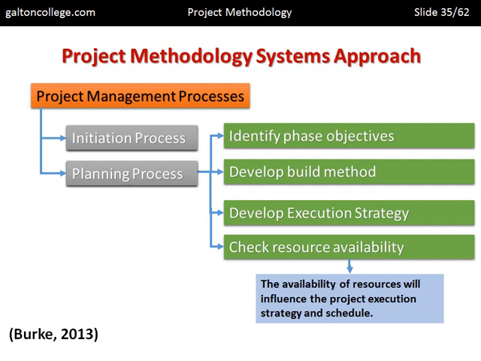So it's important to check resource availability and to make sure that management are aware of what resources are available for the project and the implications of shortages of resources in terms of timing and execution for the project.